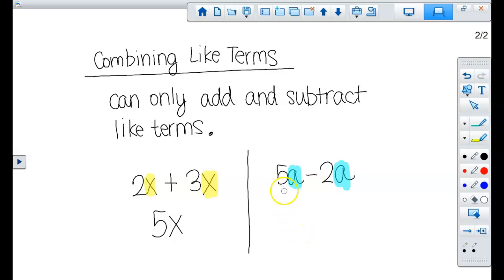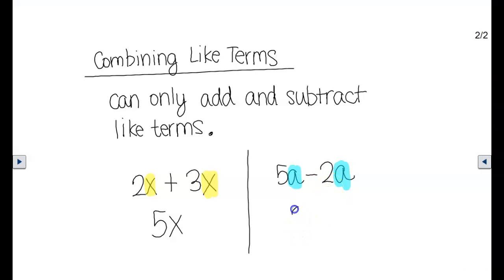I would do 5 minus 2. 5 minus 2 is 3. And then I keep the same last name, so it would be a. So 5a minus 2a is 3a. This would be kind of like what you did in elementary school when you did things like 5 apples minus 2 apples. And when you do 5 apples minus 2 apples, you still have 3 apples.